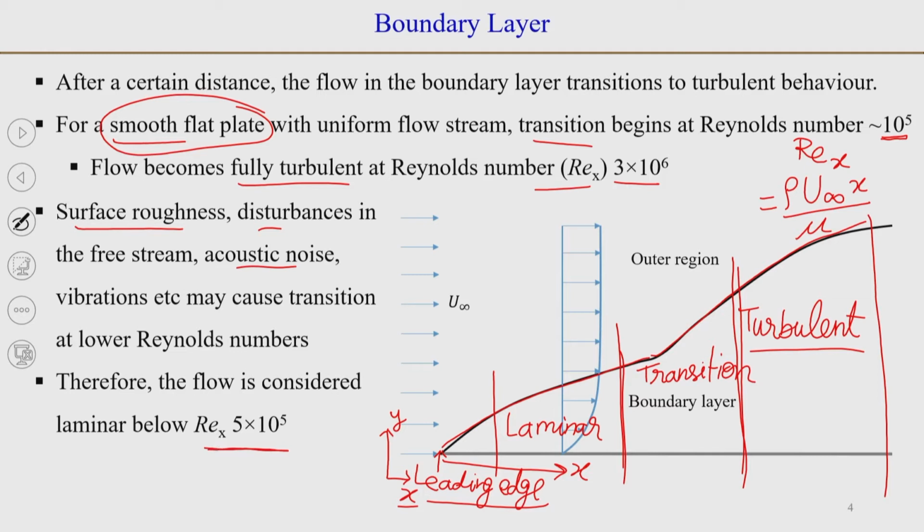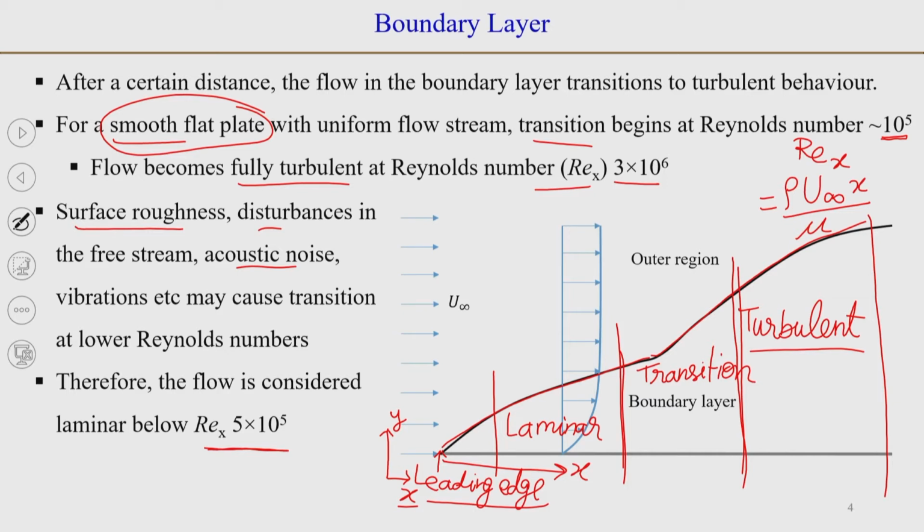So, you may see this range, between 10 raised to the power 5 to 3 into 10 raised to the power 6, the flow is transitioning from laminar to fully turbulent. So, somewhere in between, because it is not easy to predict transition flows. So, what people suggested is that somewhere in between we take a number below which the flow is considered to be laminar and above which flow is considered to be turbulent.